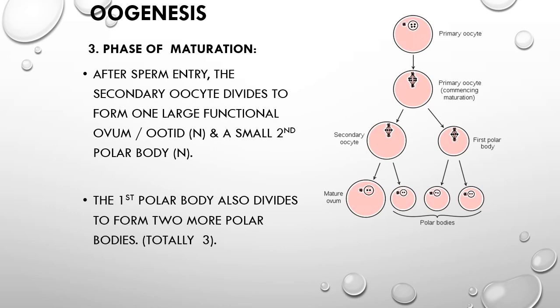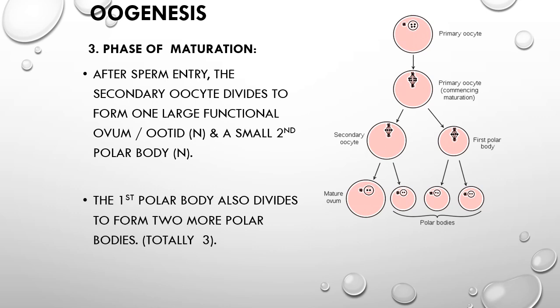So in meiosis 1, the primary oocyte will divide into two structures. One is the secondary oocyte and another is the first polar body. In the diagram it is clearly mentioned.